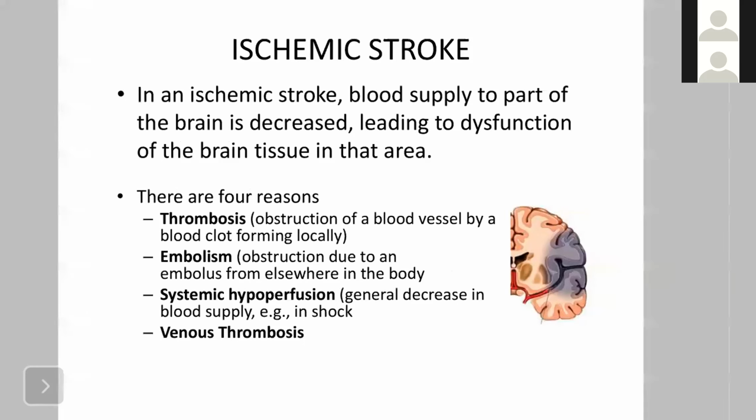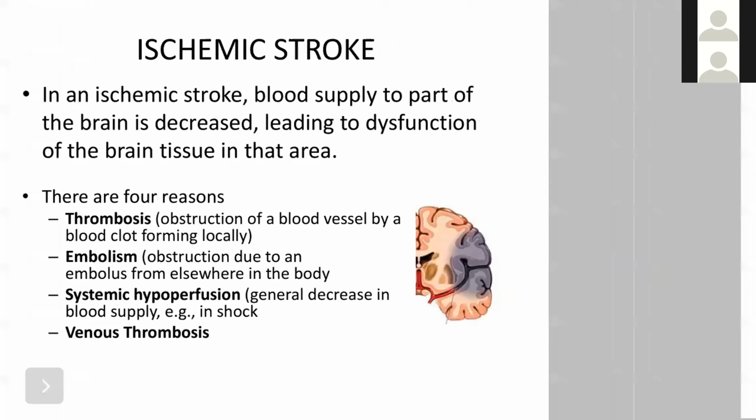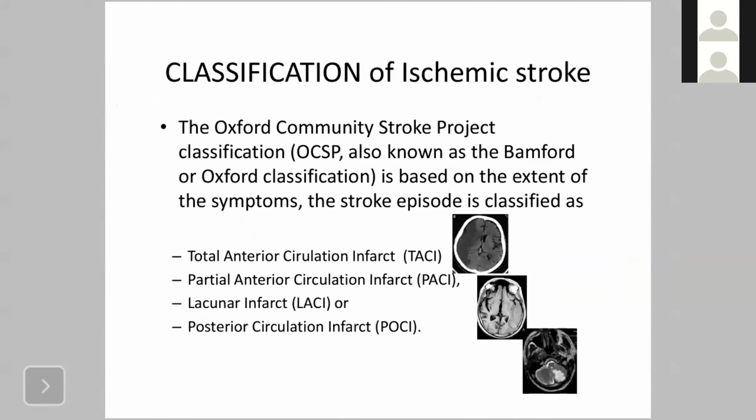Okay. The classification of ischemic stroke is according to the arterial supply that is affected. And this is the total anterior circulation infarct. Anterior circulation means the internal carotid artery, which divides into the MCA and ACA, and it supplies the anterior part of the brain.